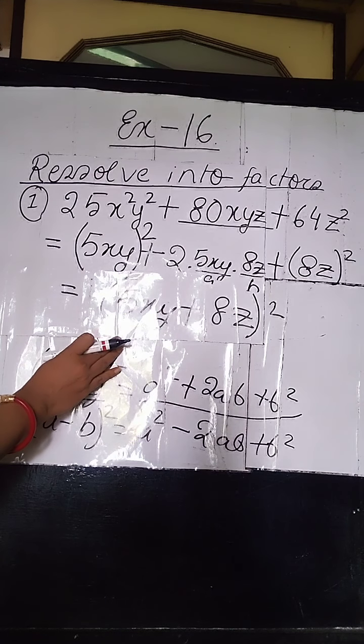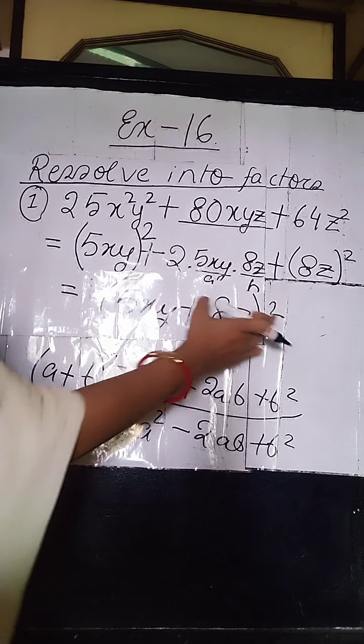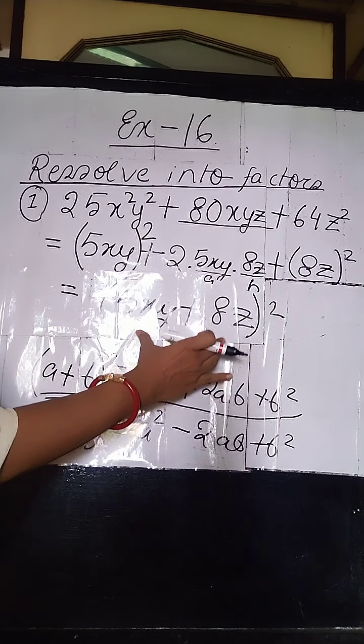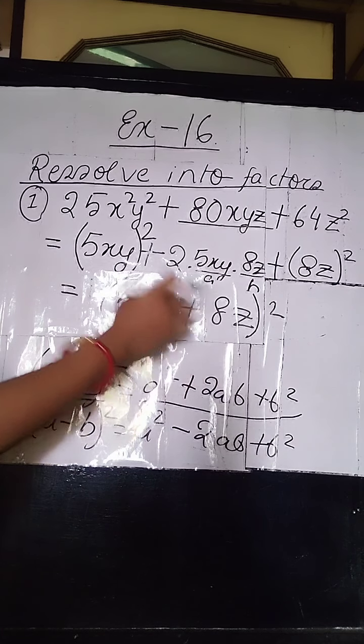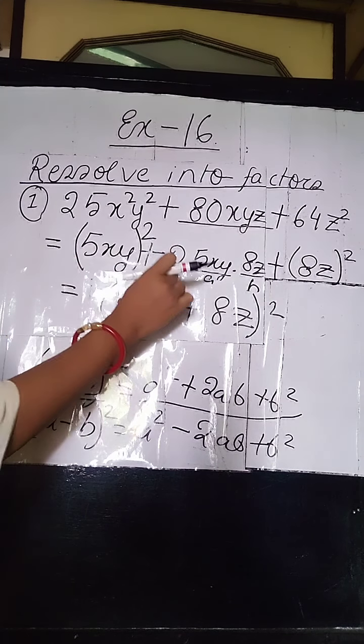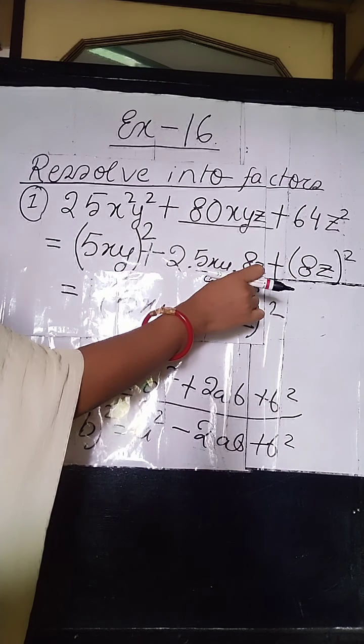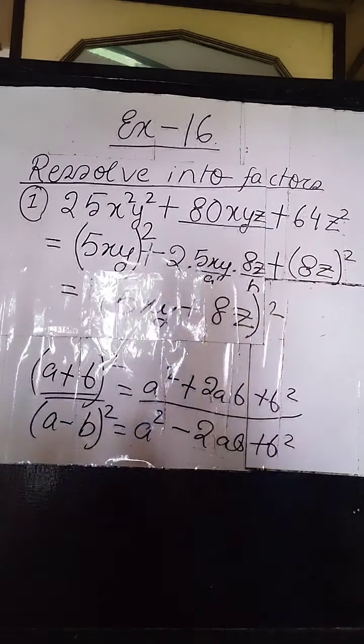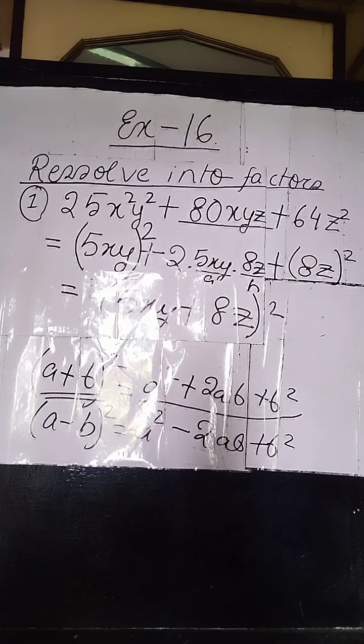Here in this sum it is 5xy plus 8z whole square, because if you expand 5xy plus 8z whole square, only then you are going to get 5xy whole square plus 2 into 5xy into 8z plus 8z whole square. I hope you have understood. Now very quickly we will do another sum with the help of which you can understand how to resolve these factors. Now we will solve sum number 2.